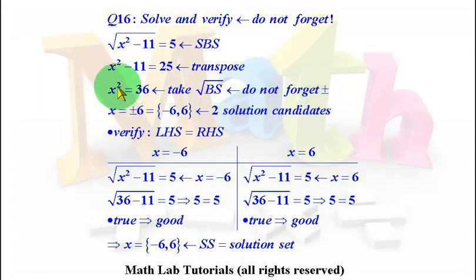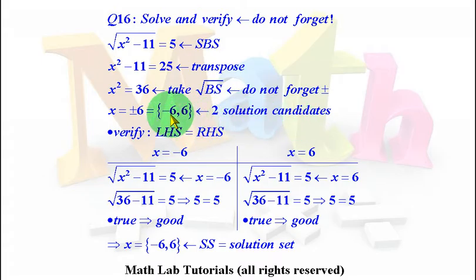So when we take the square root of the left-hand side, we get x, and on the right-hand side, this becomes plus or minus the square root of 36, which is plus or minus 6. So that the candidates are negative 6 and 6. So we have 2 solution candidates this time.